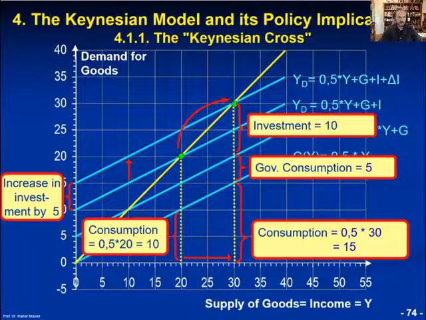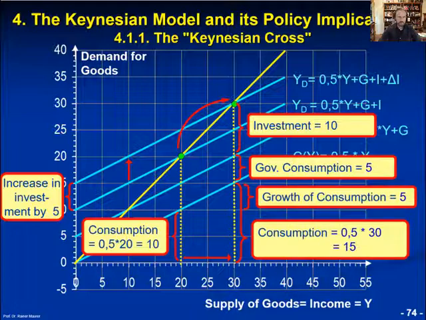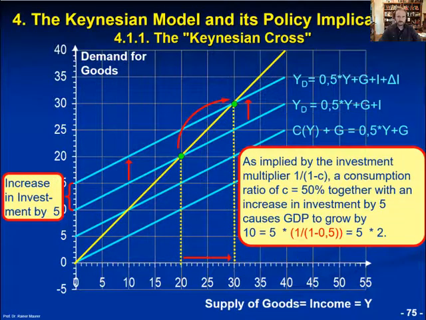So consumption has grown by 5 units. This means the additional increase of GDP by 5 units comes from an increase of consumption demand by households.